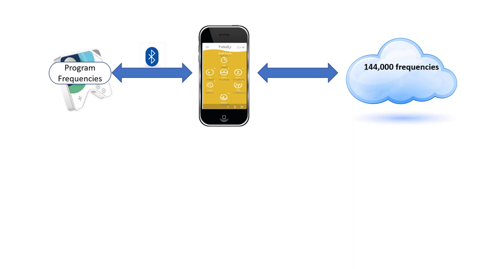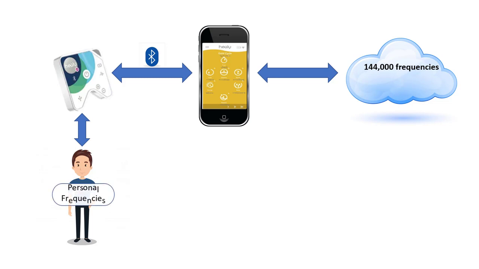And this is the amazing thing about the Healy. Because you're part of the equation too. And the Healy establishes a link to you through its quantum sensor and determines what you need at that exact moment and downloads those frequencies into what I'll call your personal frequencies for that moment in time.